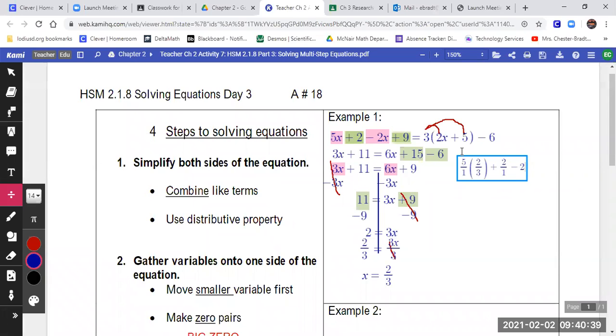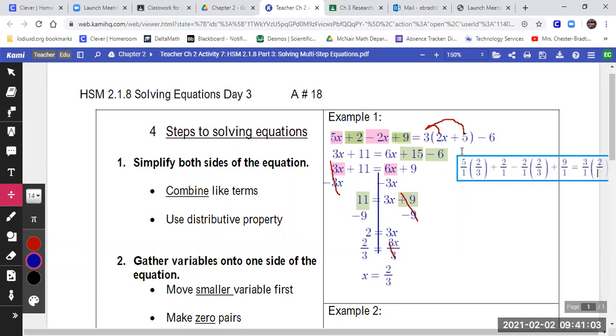2 over 1 times 2 over 3, because we want our whole thing to look the same. We want fractions all the way. Equals 3 over 1 times, oops, I keep forgetting, times the quantity of 2 over 1 times 2 over 3.